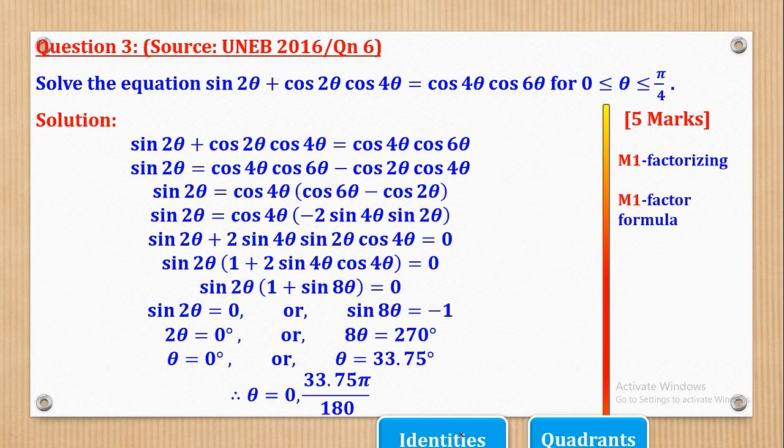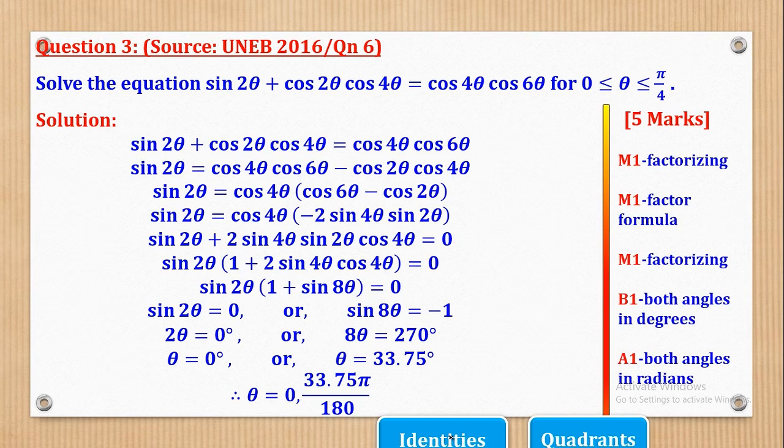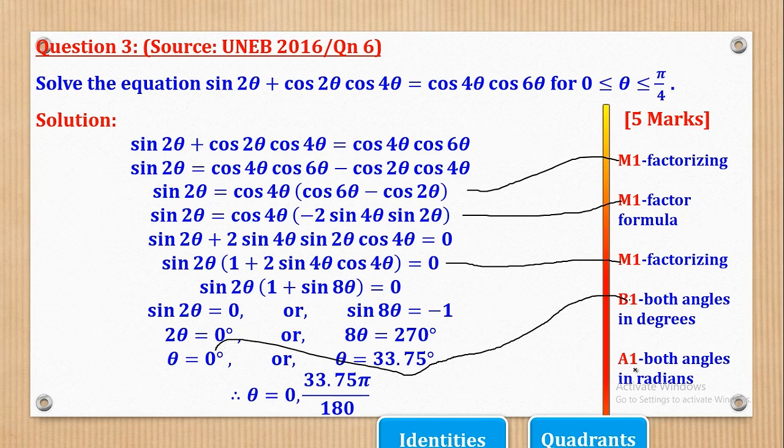Now let's see how much can be awarded. So M1 for factorizing, another M1 for factor formula, then M1 for factorizing again, then B1 for both angles in degrees, so this and this, then A1 for both angles in radians.